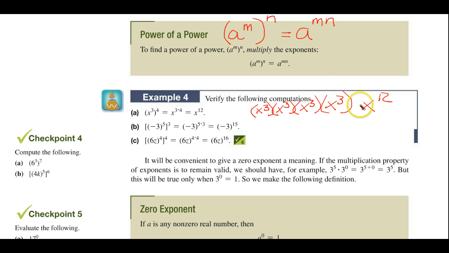There would be 12 of them. And a shorthand way, instead of adding, we can multiply. We have 4 of these, so 4 times 3 is 12. Here, 3 times 5 is 15, and 4 times 4 is 16.